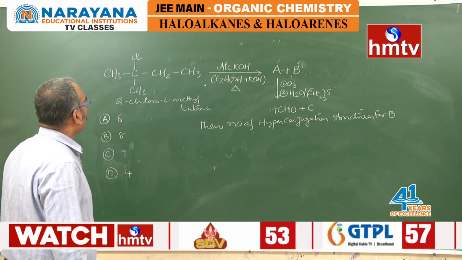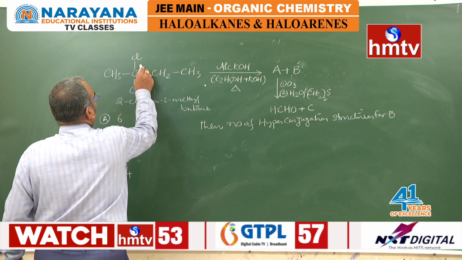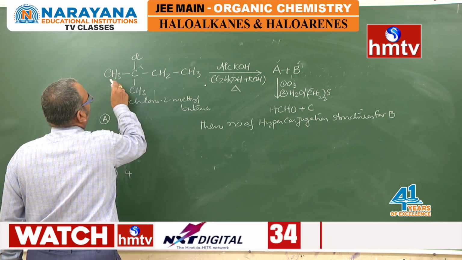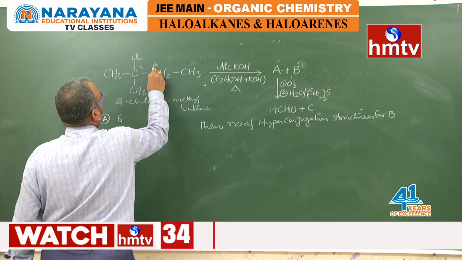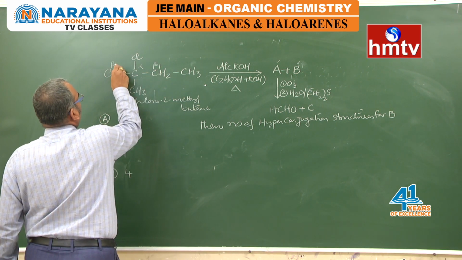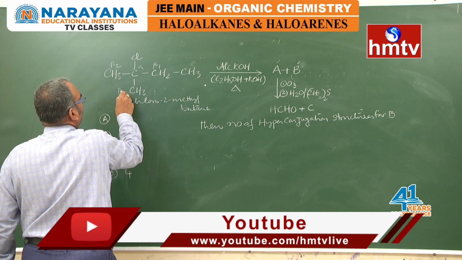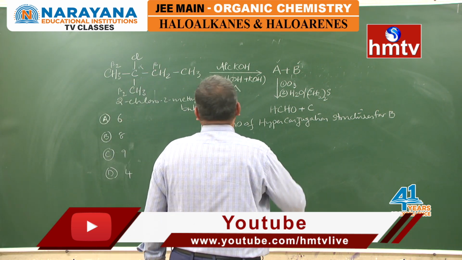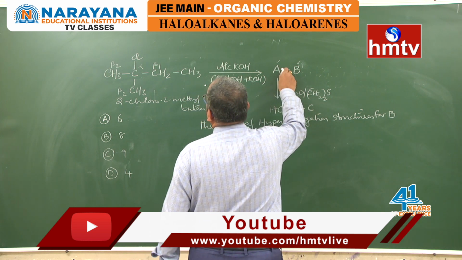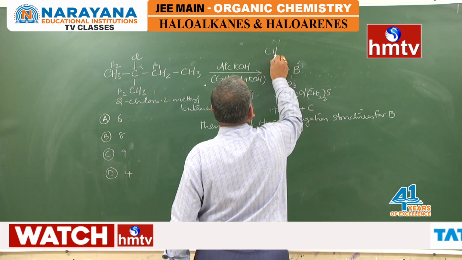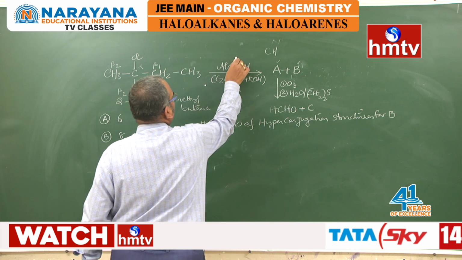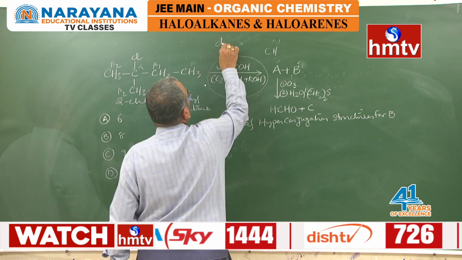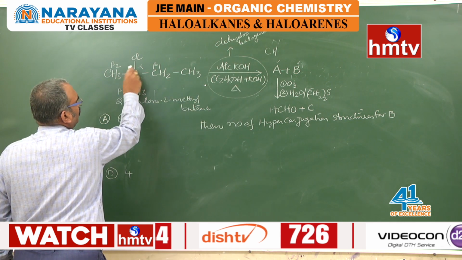Answer. Look at this, this is the alpha carbon. You have how many types of beta hydrogens? This is one beta hydrogen, this is another beta hydrogen, and these two are identical beta hydrogens. Now what you get is, this is A, Hofmann's product. This is dehydrohalogenation; I can remove hydrogen chloride from this.